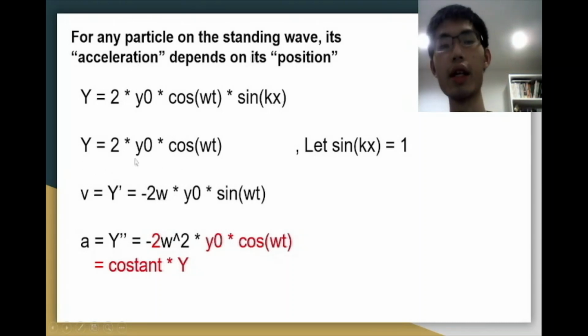Next, we differentiate this expression 2 times, and we get its acceleration, y double prime, equals negative 2 times the square of omega times y0 times cosine omega t. Notice that 2 times y0 times cosine omega t is actually the capital Y. So we could arrange this expression to get acceleration equals a constant times Y. This is a typical expression for simple harmonic motion.